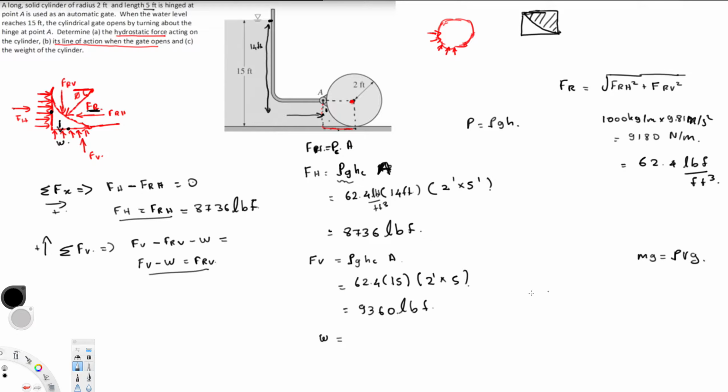Let's substitute this right here. So rho g times the volume. In this case the volume is going to be pi r square h, that's the volume of the cylinder, and this is 1/4, so 1/4 pi r square h.